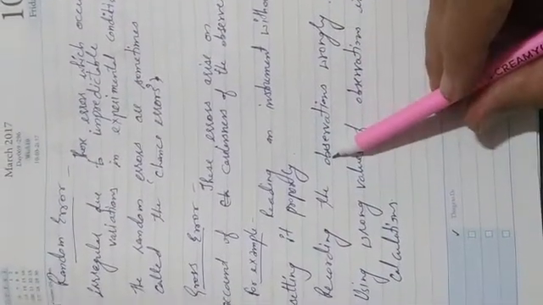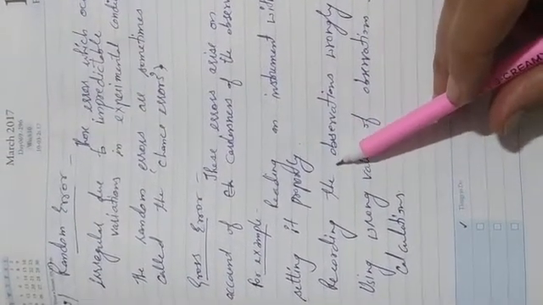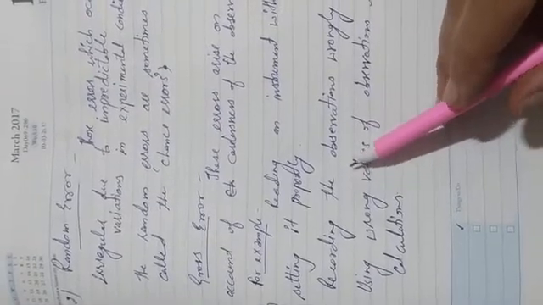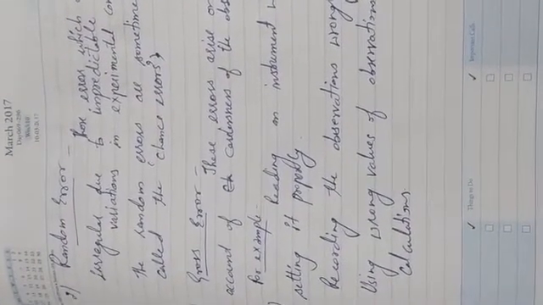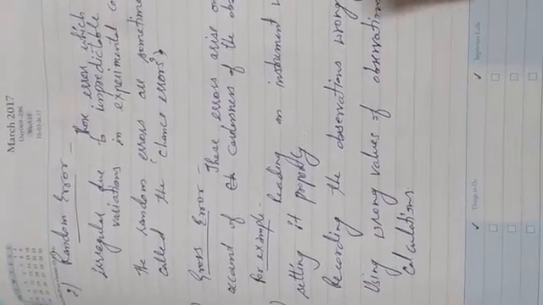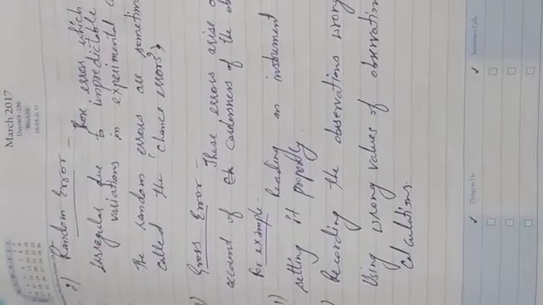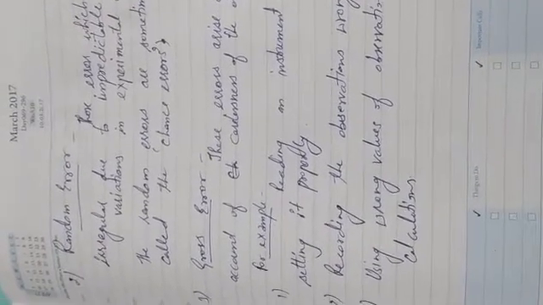If the observer does not record properly while doing the practical, maybe there is some deflection, the needle is going here and there, or some problem due to instrument position, then an error comes during recording, and that is a gross error.